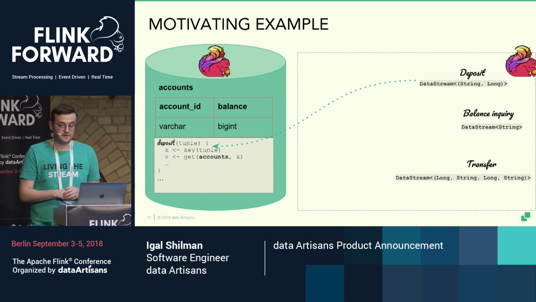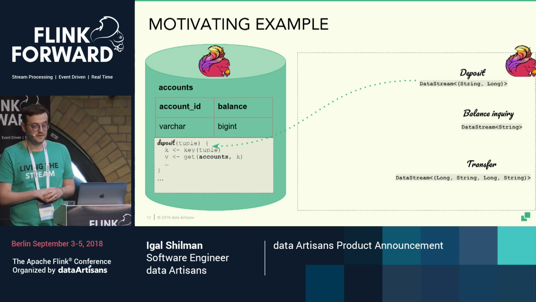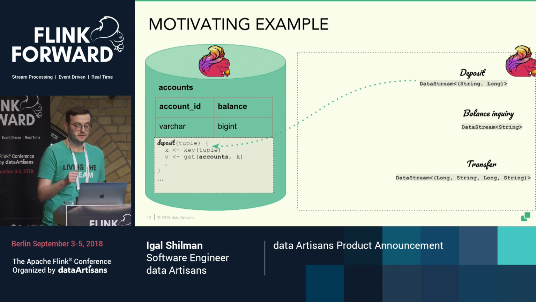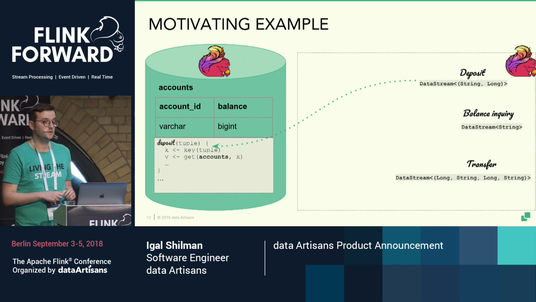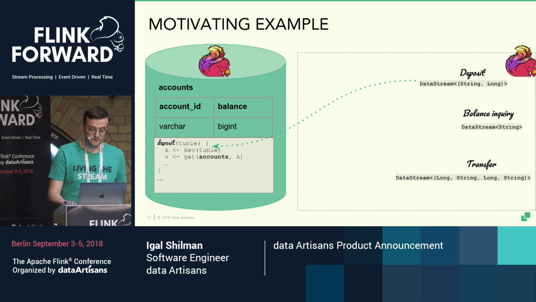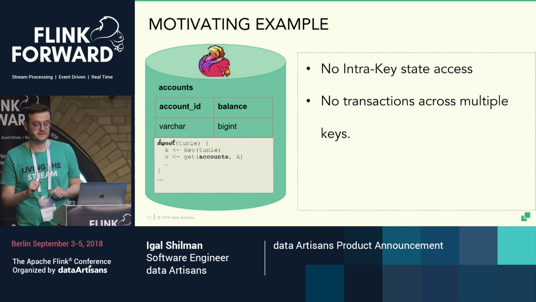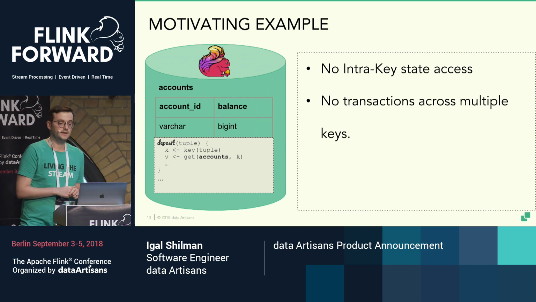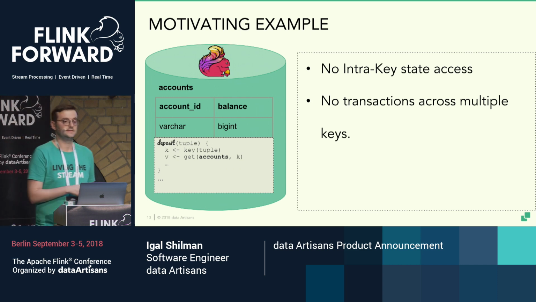But there are at least 2 major things missing here from a vanilla Flink application in the context of our financial service. One thing is that there is no support for inter-key state accesses.